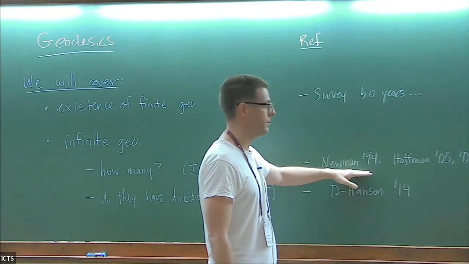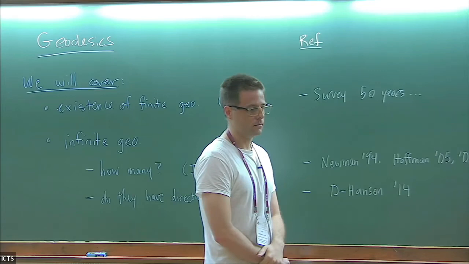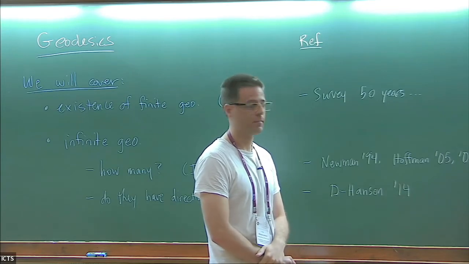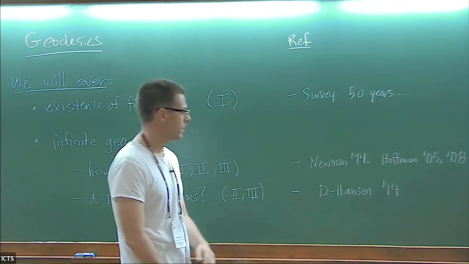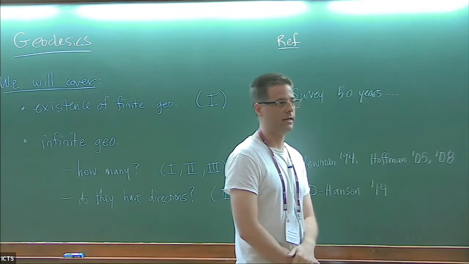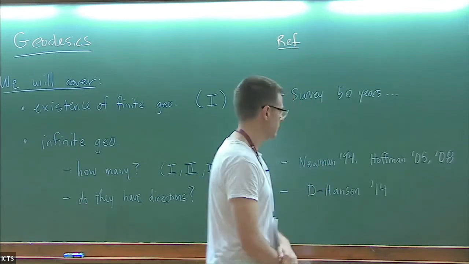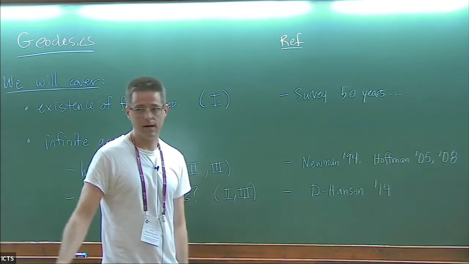There's a paper from Newman in '94, which he wrote as part of the ICM. I think it's called A Surface View of First Passage Percolation. Then Hoffman has two important papers in '05 and '08. Forget their names exactly. And then the last paper I wrote with Jack in 2014.